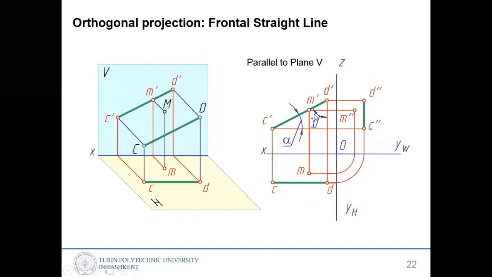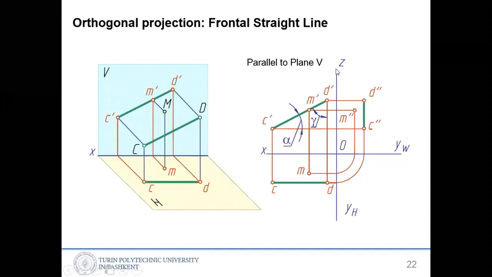Okay, so it's like this. We project it to the V plane with slope. But if you see from the top, that is parallel to the V plane, so that's why it makes like this. Okay, parallel line to the OX line.